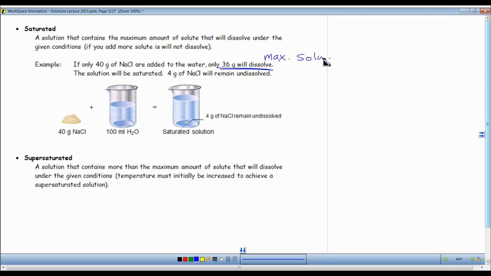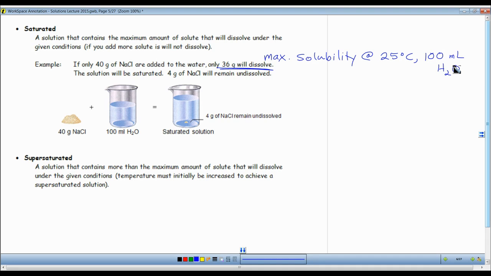solubility at 25 degrees Celsius in 100 milliliters of water. 36 was the max.